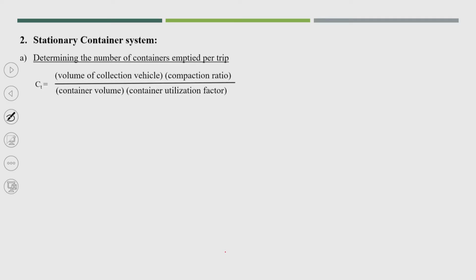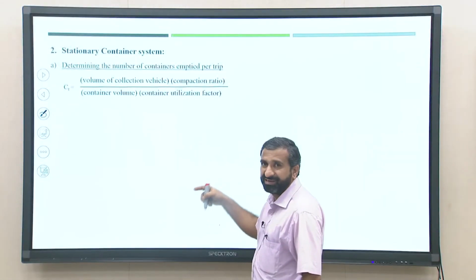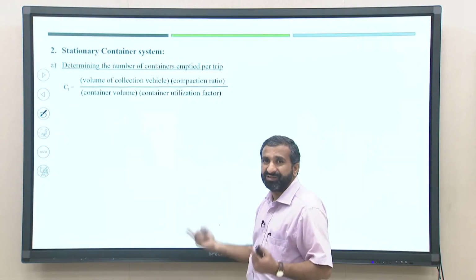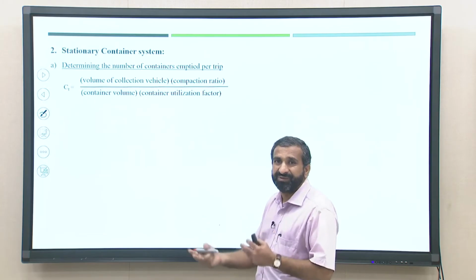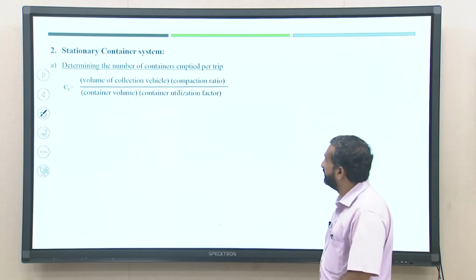We can calculate this by the volume of the collection vehicle divided by the container volume. This tells us how many containers can be filled into the truck in a trip.